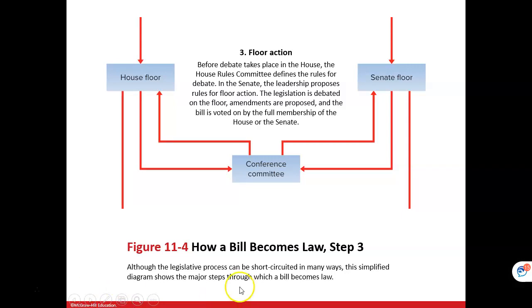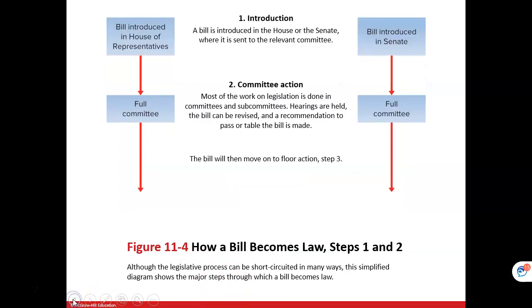So in the Senate, it's going to get a number. It is going to go to the committee that has the jurisdiction. The committee will work on the bill. Some of the committees have subcommittees.